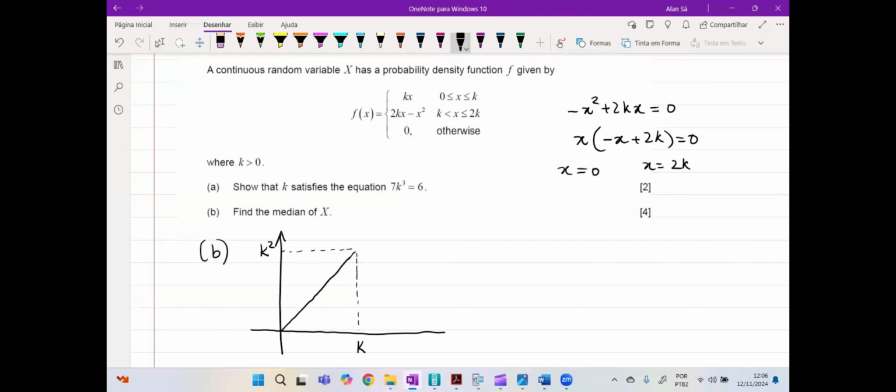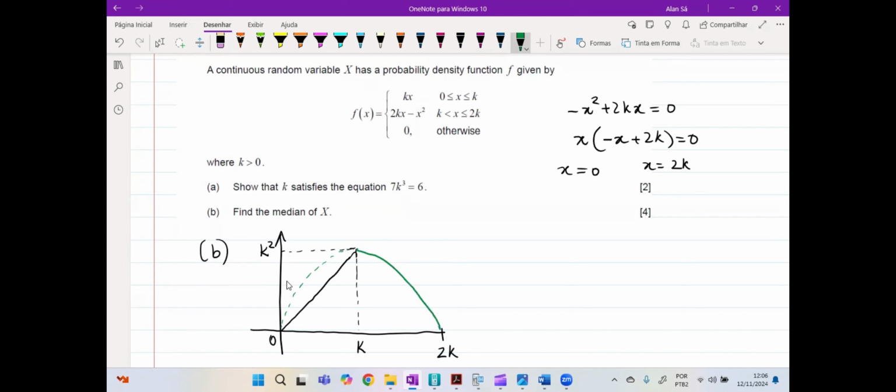So the quadratic is concave down, starts from the origin, and has two roots at 0 and 2k. So the maximum is at k. Then we can sketch this graph, drawing a quadratic here, but for the domain required, it's only this part.